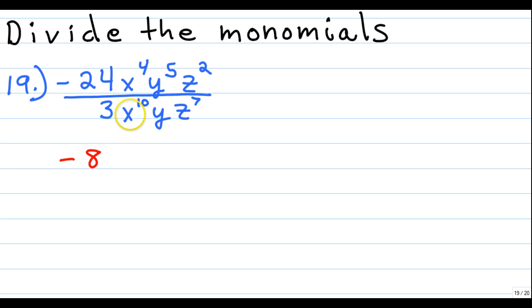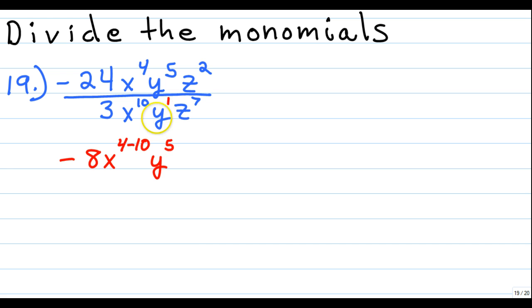Moving on, let's go ahead and divide our variables. We have an x to the 4th power divided by an x to the 10th. When we're dividing, we're actually taking a subtraction. So we're taking that 4 from the numerator's position and subtracting the 10 from the denominator's position. On the y position, we're taking the 5 from the numerator's position and the 1 from the denominator's position.